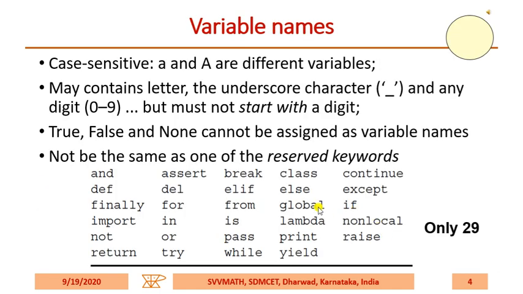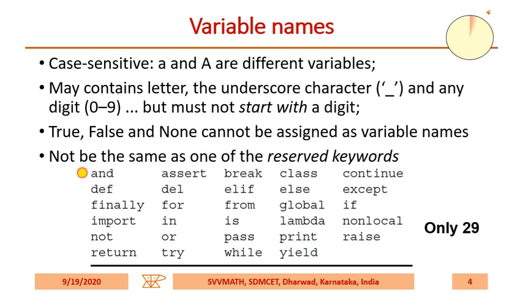It is case sensitive: capital letter A and lowercase letter a are different variables. A name may contain letters, underscores and digits, but must not start with a digit. True, False and None cannot be assigned as variable names, and a name must not be the same as the reserved keywords.